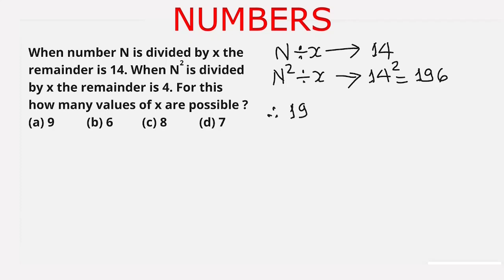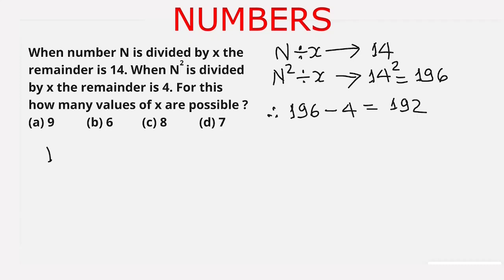Therefore, 196 minus 4 is 192, and 192 must be divisible by x, then only the remainder will be 4.